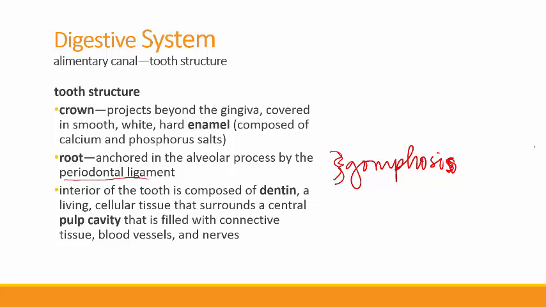So the dentin is the living portion that helps to reinforce the enamel by secreting these calcium and phosphorus salts, and it's well supplied with blood vessels for getting nutrients up into the dentin.